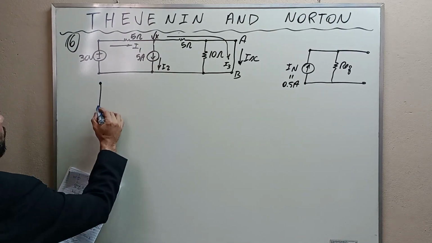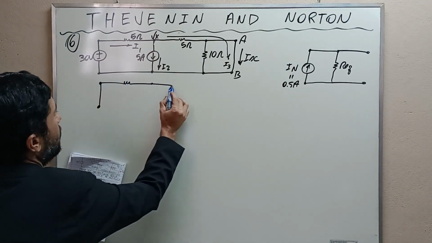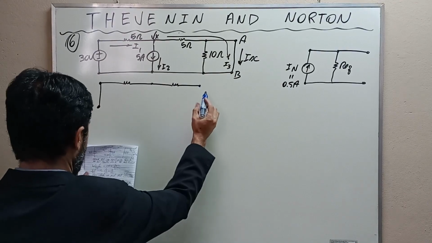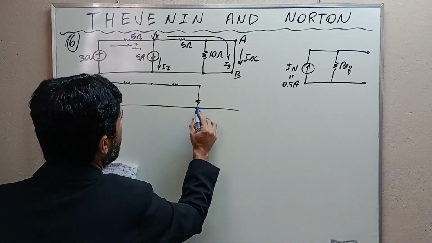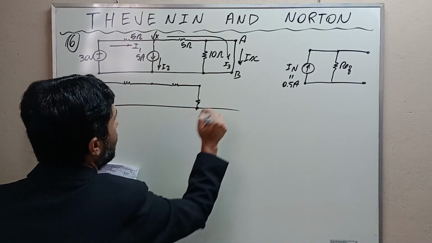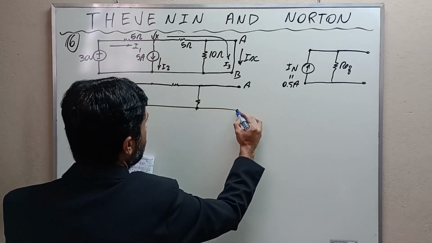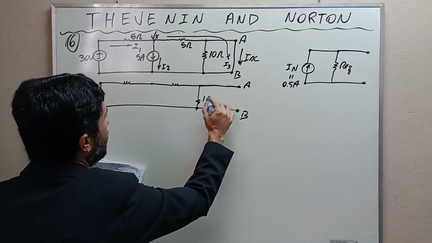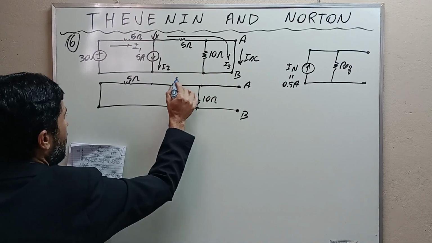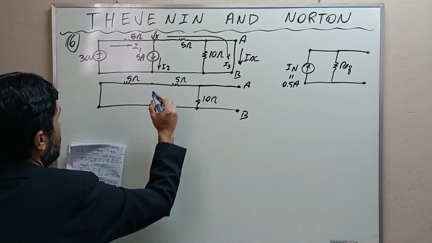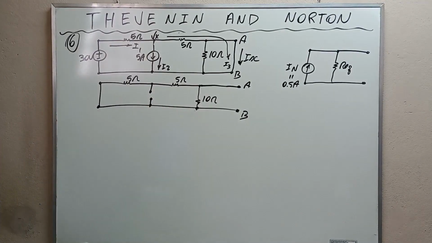Then this is going to be like this. I have this resistance, and this resistance here, okay? And here terminals A and B. Okay, this is 10 ohms, this is 5 ohms, this is 5 ohms, and here I had this current source.